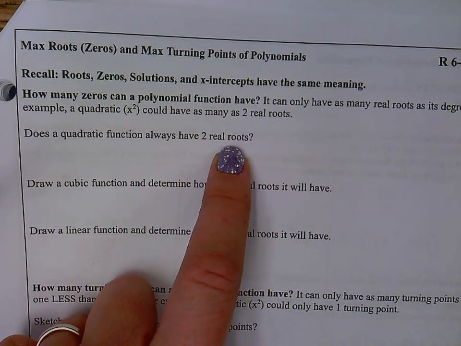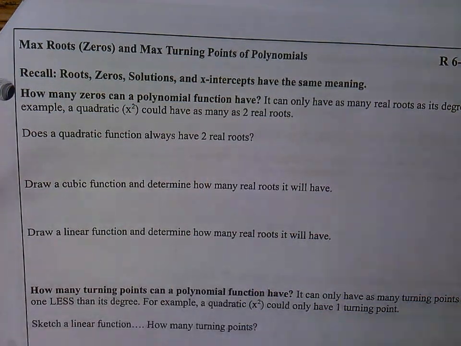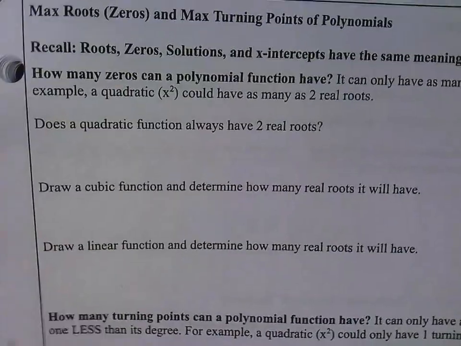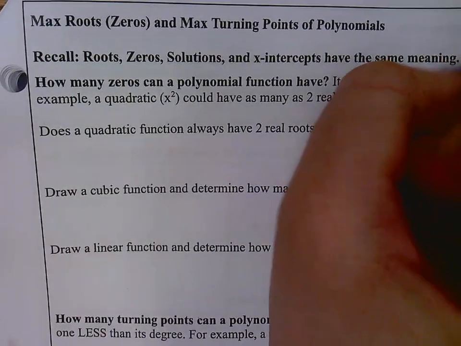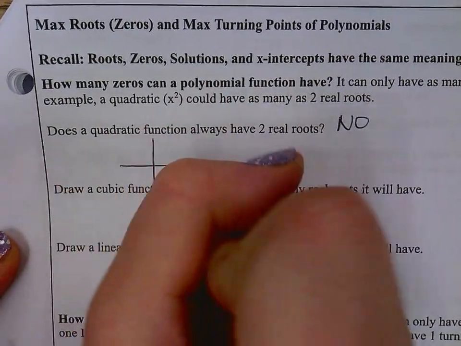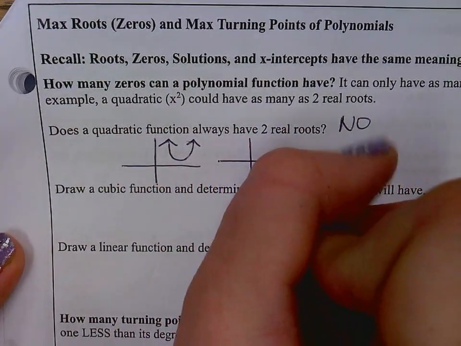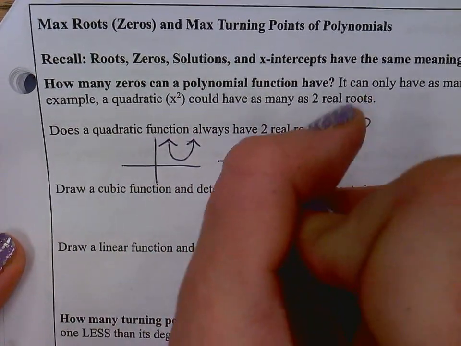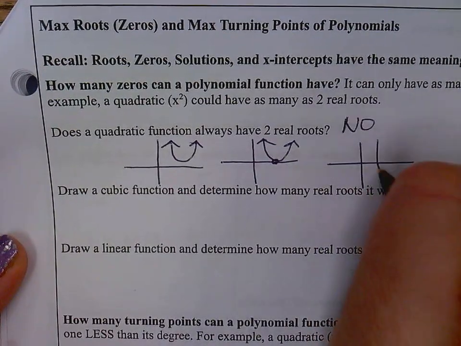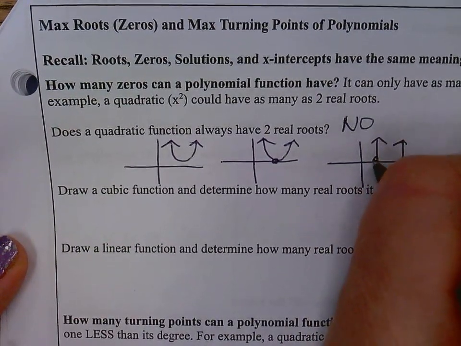It says, does a quadratic function always have 2 real roots? So no. I'd like you to show 3 different quadratic functions. One that's above the x-axis, one that is sitting on the x-axis, and one that's cutting through the x-axis in 2 different places.